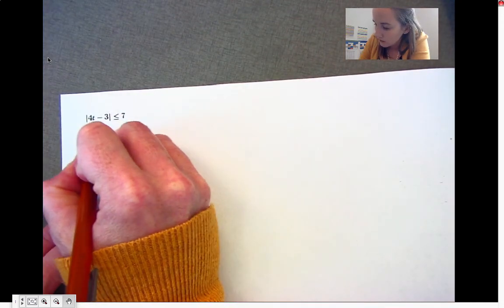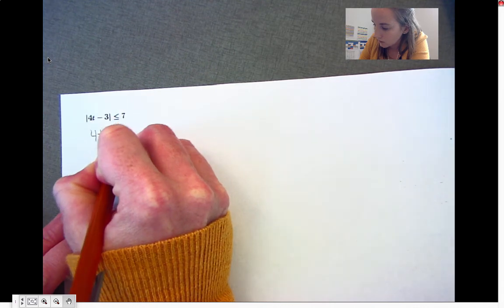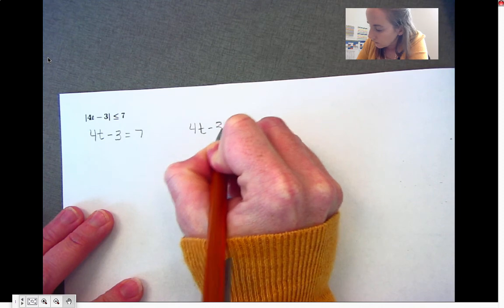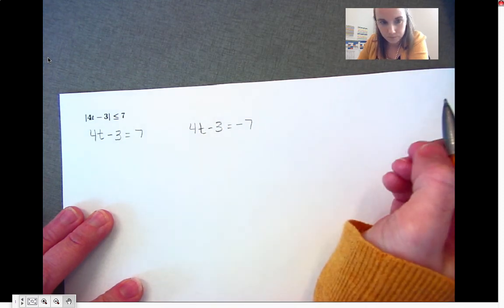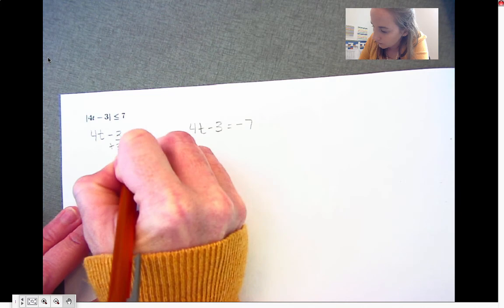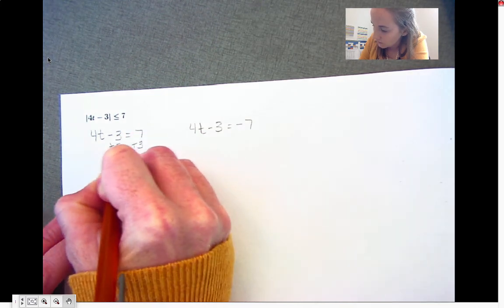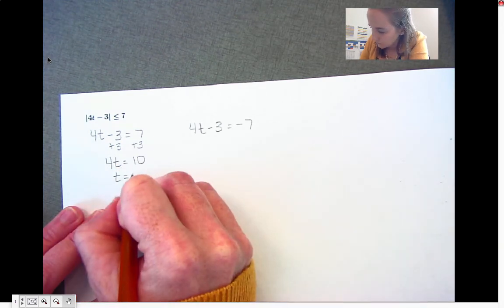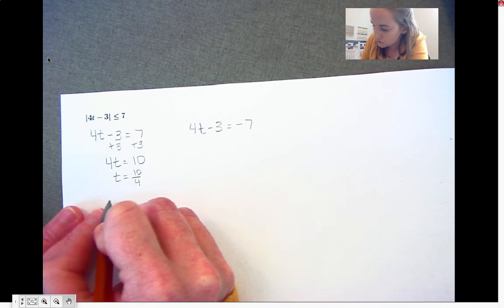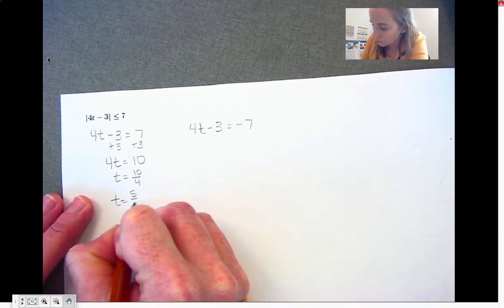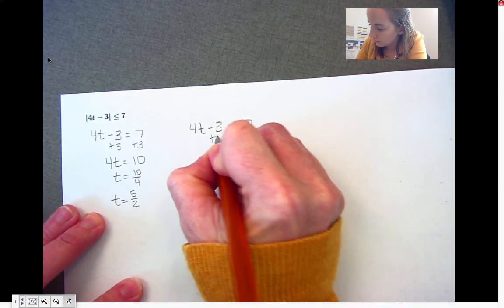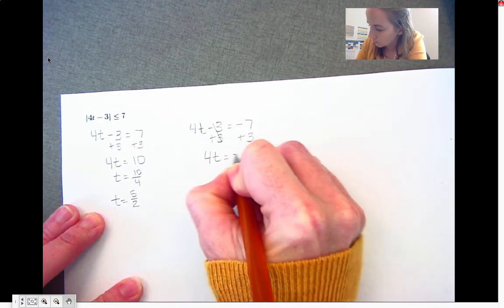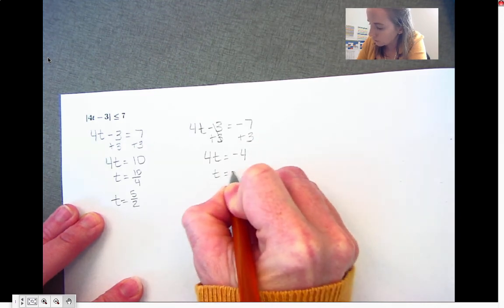So 4t minus 3 is equal to 7, and 4t minus 3 is equal to negative 7. If I add 3 to both sides, 4t equals 10, divided by 4, and t equals 10 over 4, and I can reduce that. T equals 5 over 2. On the other side, we have 4t equals negative 4, and so t equals negative 1.